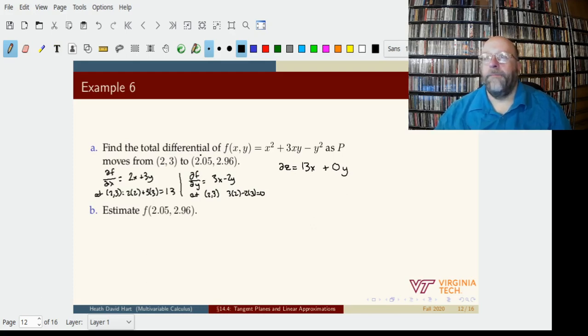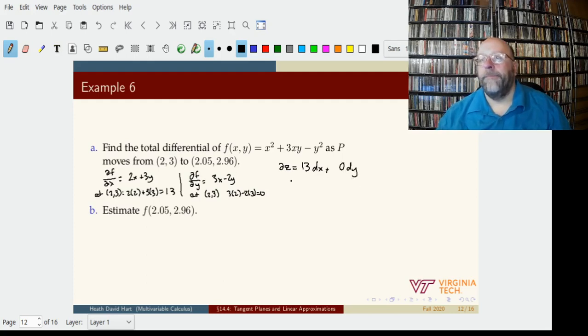Hold on, we're measuring just change. So it's just 13 times the change in x plus 0 times the change in y. I'm sorry about that. The change in z is 13 times the change in x plus 0 times the change in y.